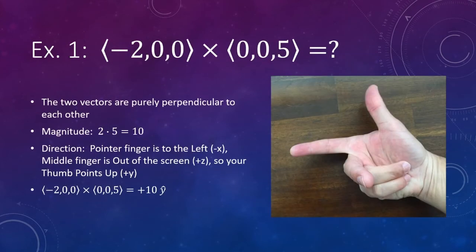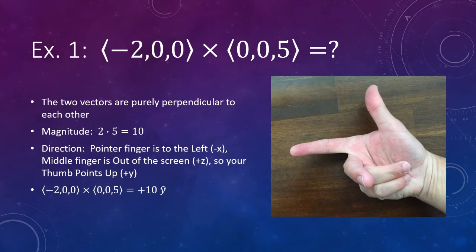So first, let's do a case where we have two vectors that are each pointing just in a single direction. Because if you have the two vectors going in, say, two or three different directions, you have to resort to the full form. But if it's only in one direction like this, you can get by with just the right-hand rule. So our first vector is minus 2 in the x direction.